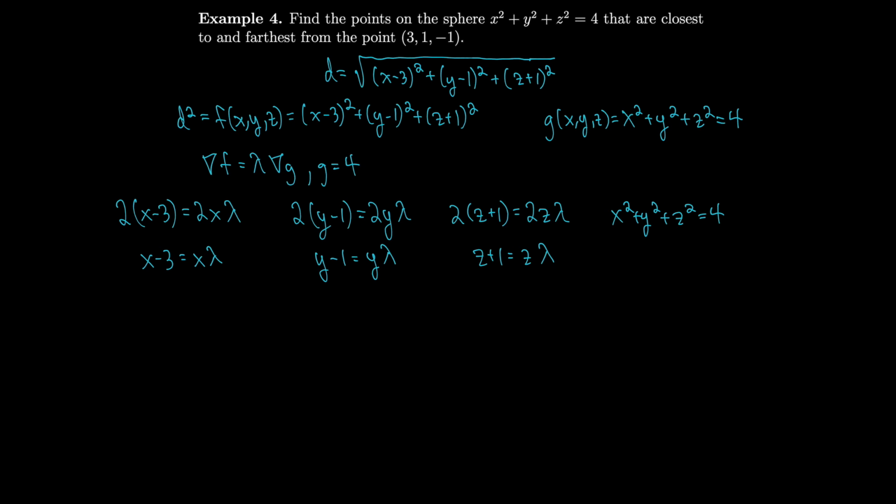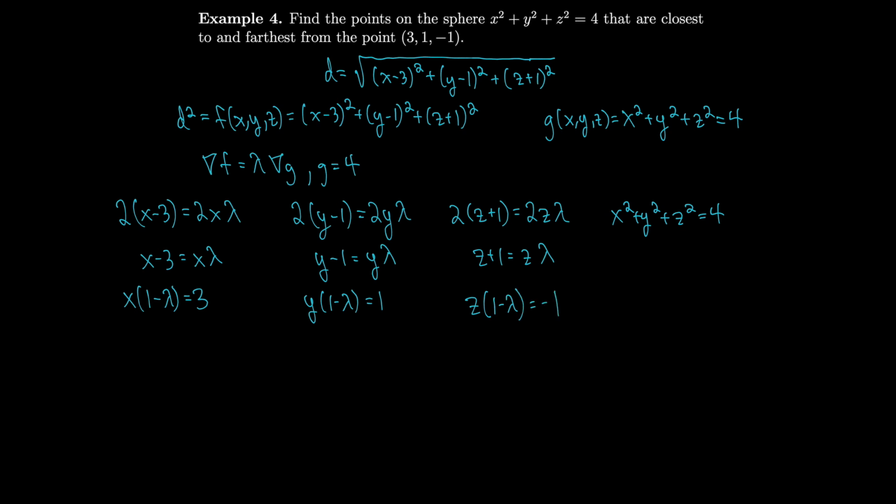And I'll just move all my x's to one side, so I get x times (1 minus lambda) equals 3. Move my y's, so I'll get y times (1 minus lambda) equals 1. Move my z's, so I get z times (1 minus lambda) equals -1.